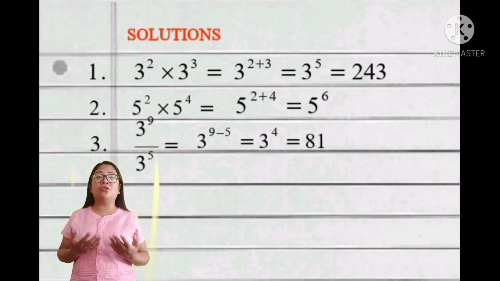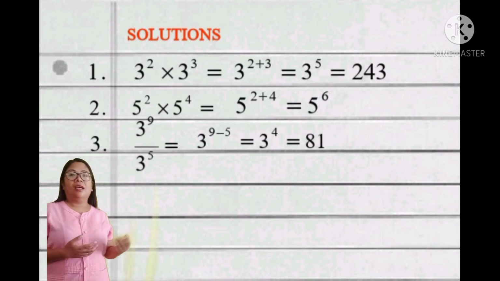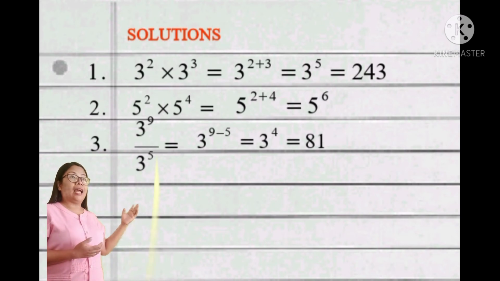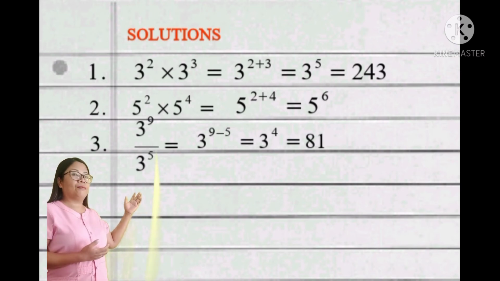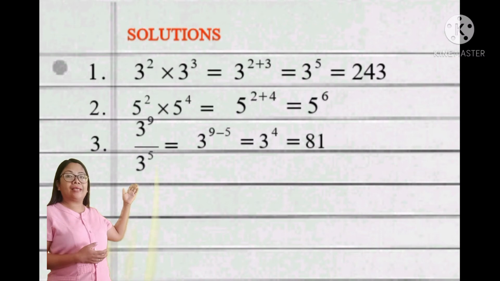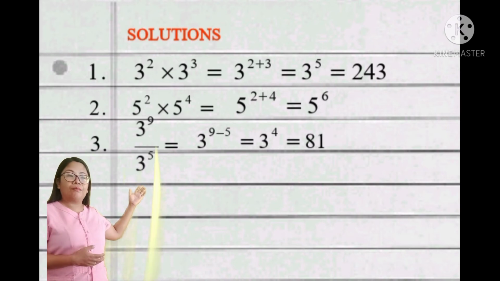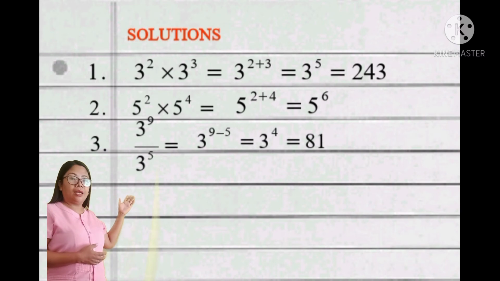Your solution is correct. Number 1, the given is 3 raised to 2 times 3 raised to 3. This is equal to 3 raised to 2 plus 3. Since we have the same base of 3, we will just add the exponents. So, the exponents are 2 plus 3. Therefore, 3 raised to 5.